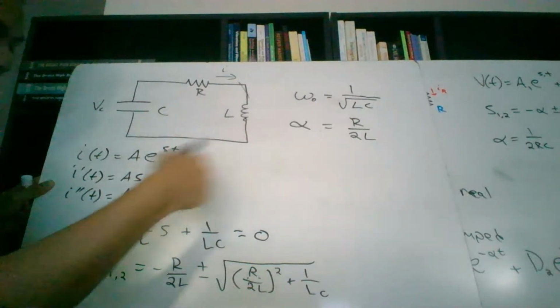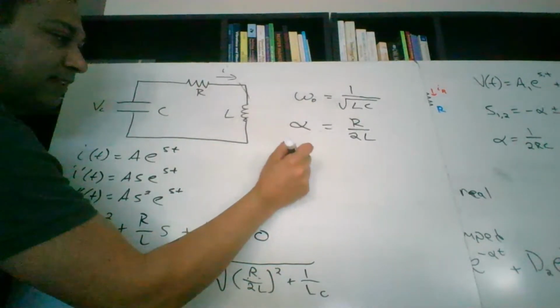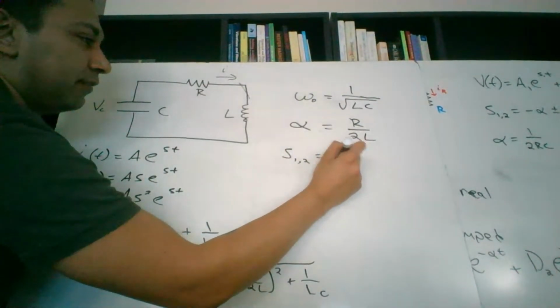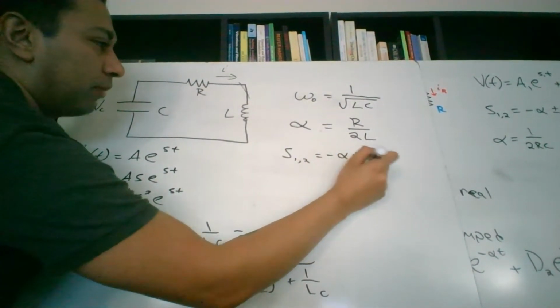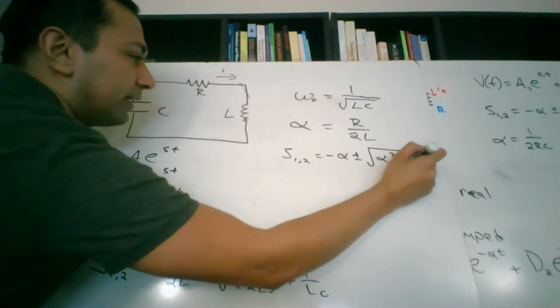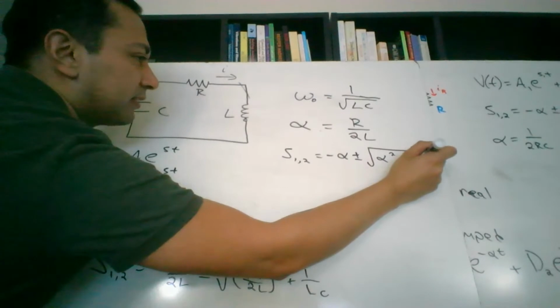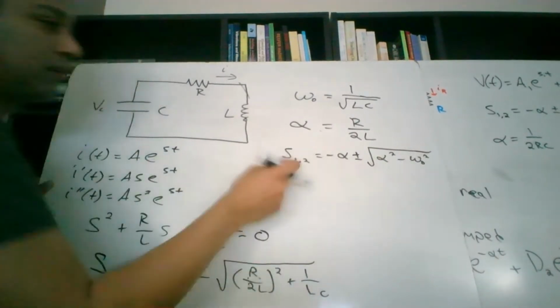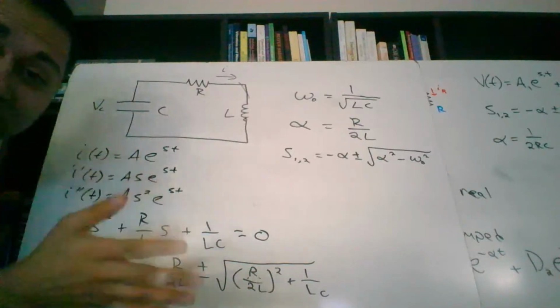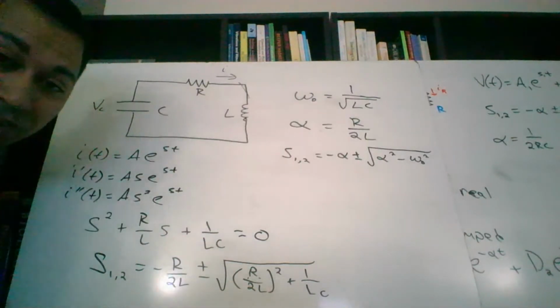Okay? And then just like before, we could write it as S, comma 1, 2 is going to equal negative alpha plus or minus the square root of alpha squared minus omega naught squared. And so we get the same result as we did before, and it works exactly the same as I mentioned earlier.